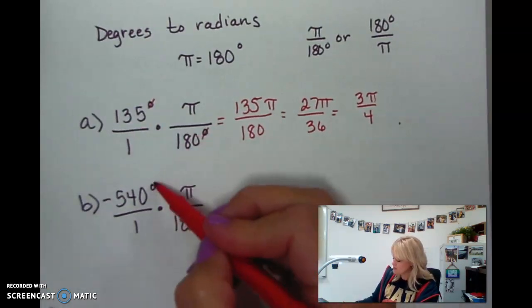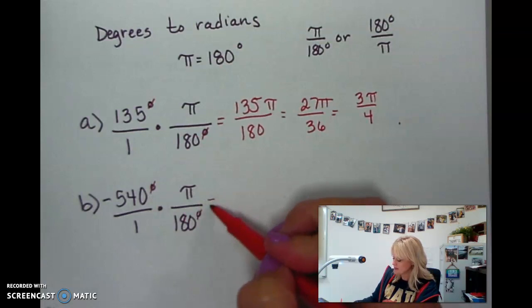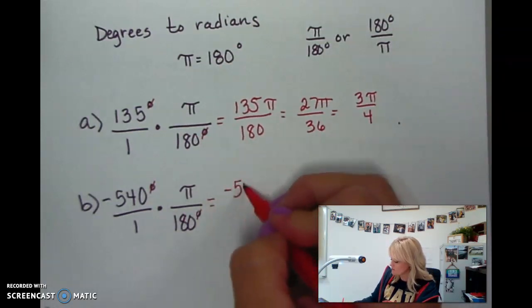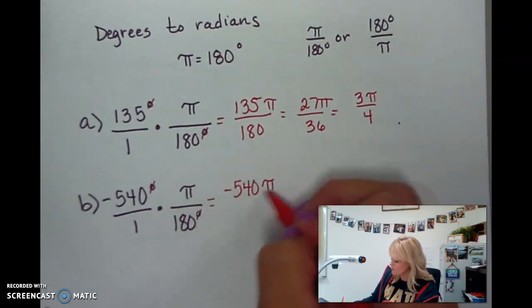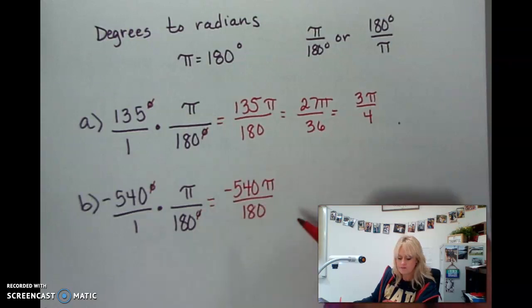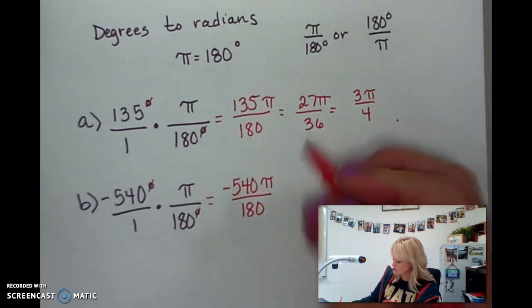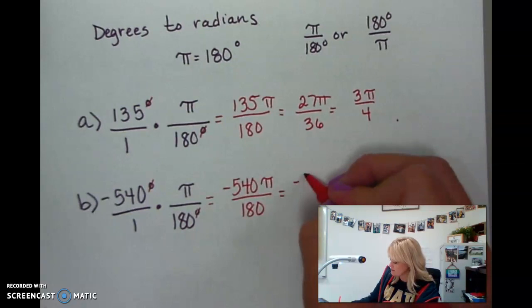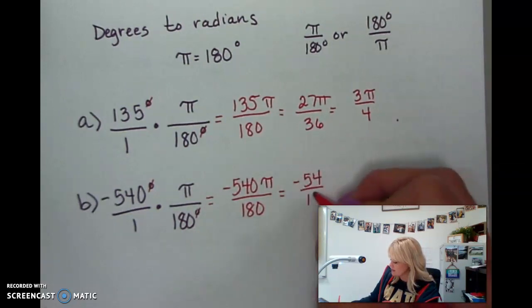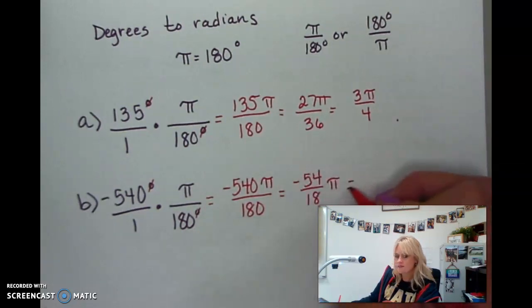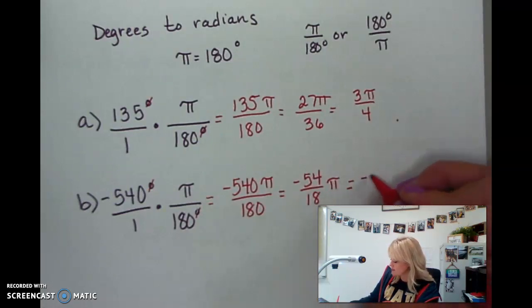If I have degrees on top and degrees on the bottom, they cancel, and I have negative 540 pi over 180. Both of these are divisible by 10. And if you take it one step further, negative 54 divided by 18 is negative 3.